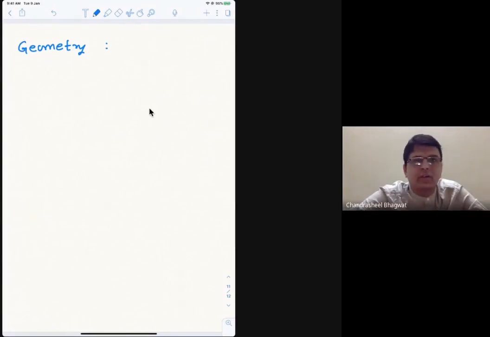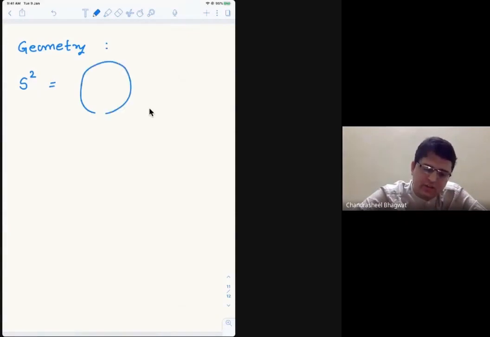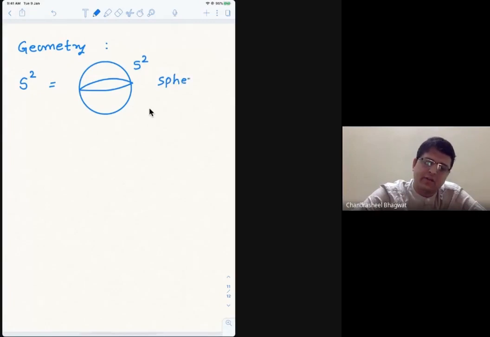So the geometry part of what I'm going to say is about two geometric spaces. One is S2, the sphere, which you can think of as something sitting inside R3. Let me just say the unit sphere in R3.